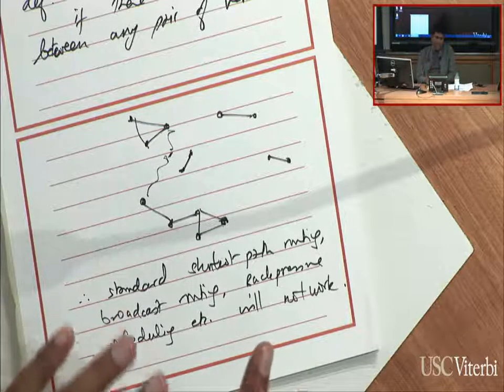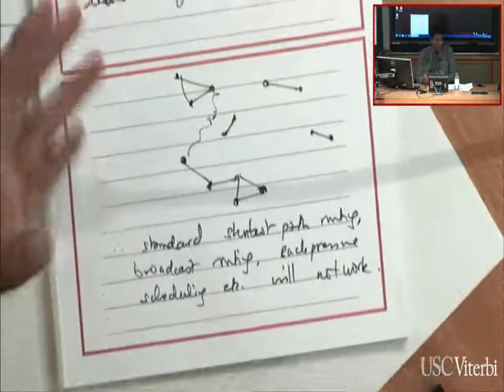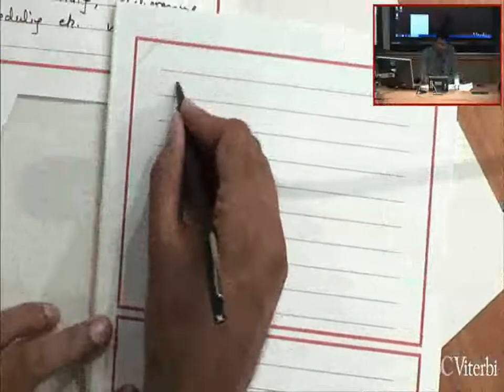At least in the sense that in any given short duration of time, you simply can't get the data to where it's needed. So instead, what might be needed is called store and forward routing.